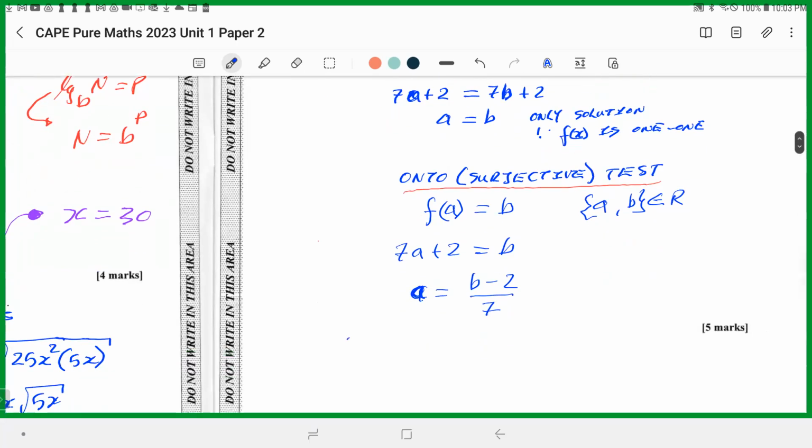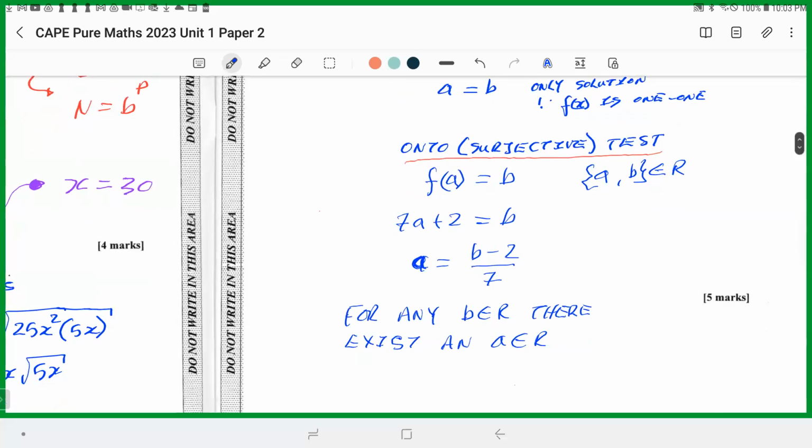So you can say for any b that is real, there exists an a value that is also real.